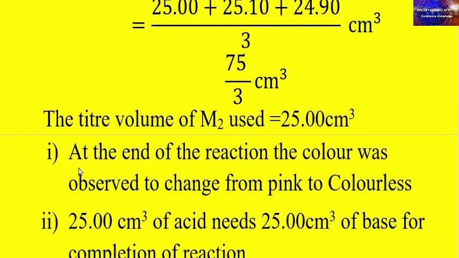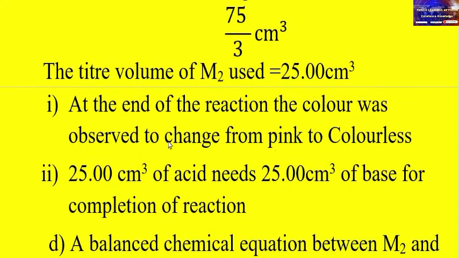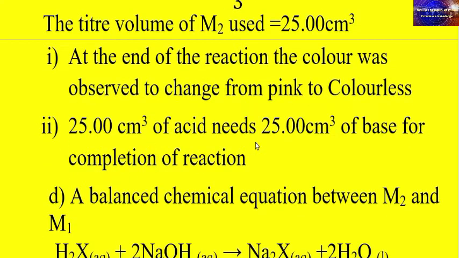Another question: at the end of the reaction the color observed changed from pink to colorless. Remember, we have phenolphthalein indicator. Before titration the color was pink; after titration, at the end point, the color was colorless. And 25 ml of acid needs 25 ml of base for complete reaction.